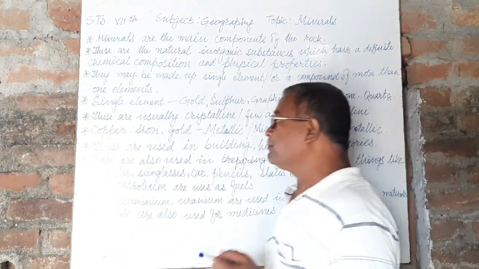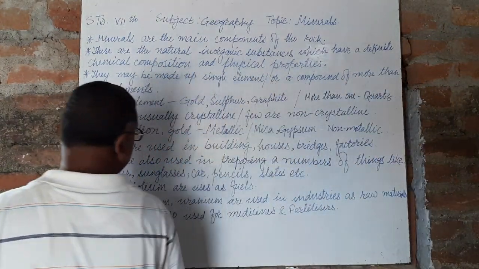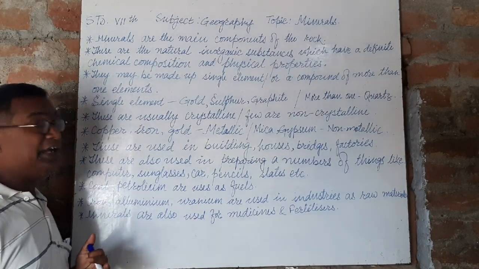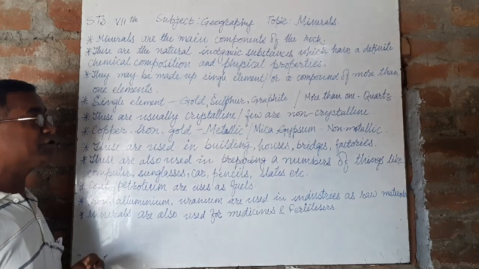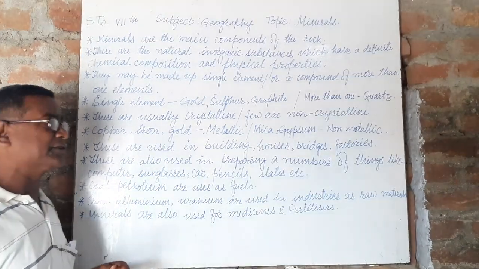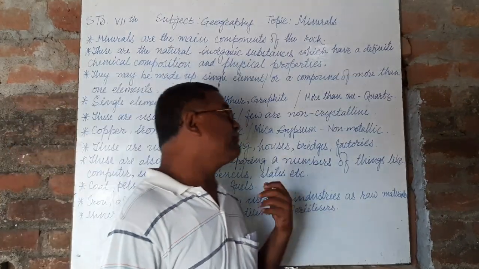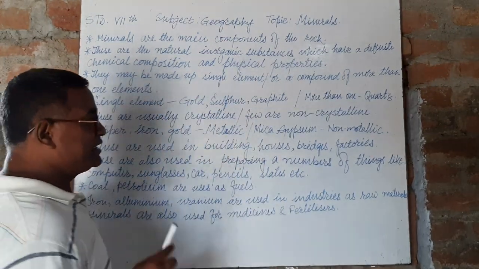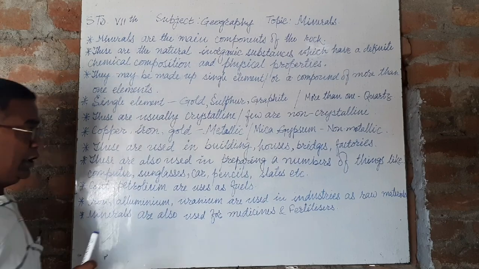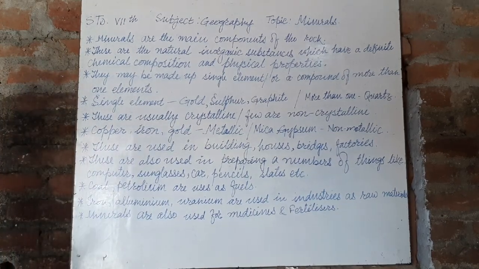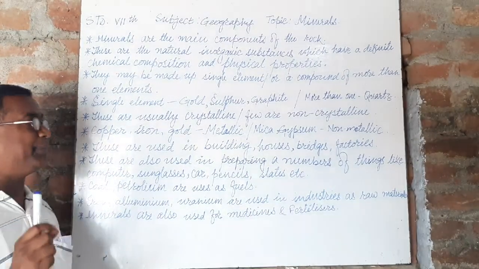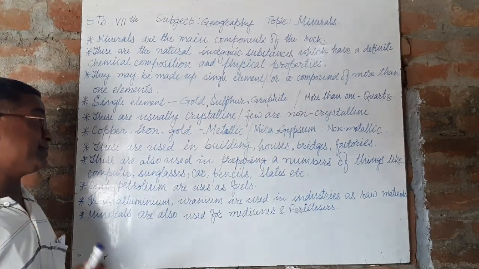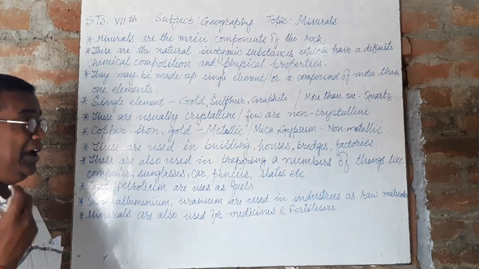So minerals are used for building multi-story buildings and general buildings, houses, bridges, factories. All of these are made by minerals. Do you know that we utilize iron rods in the pillars of our houses, and also bitumen, concrete and cement?